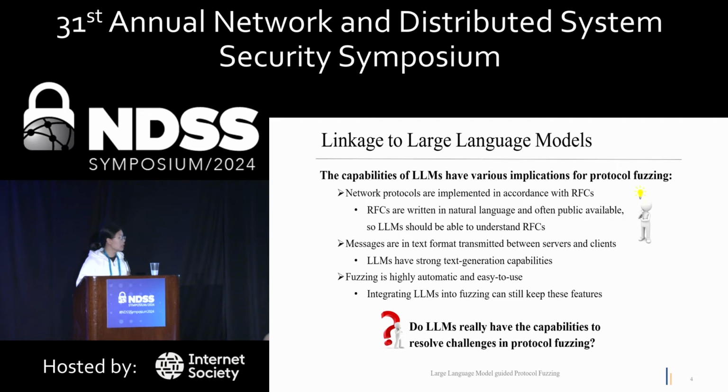So even if we integrate large language models into fuzzing, and let fuzzing chat with the large language model, we can still keep the good usability of fuzzing. But this is just our intuition, and we are still not sure whether large language models really have such capabilities to resolve the challenges.